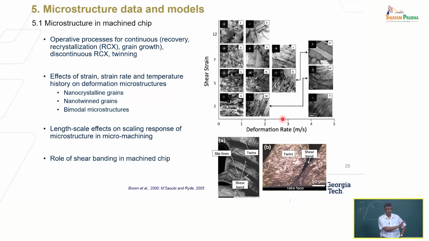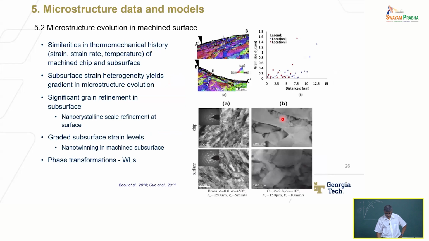Even though I gave you an example of this dislocation mechanics-based model, we have tried using it, and I'll show you what happens when you do something like that. But I want to make the point here that microstructure evolution in a machining operation is a very complex phenomenon, and we are far from the point where we can describe everything with simple equations. No, we cannot.